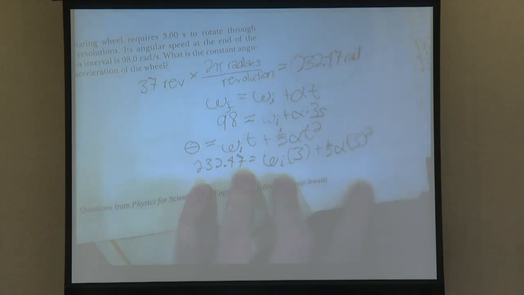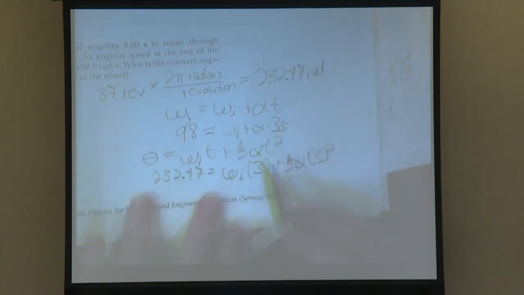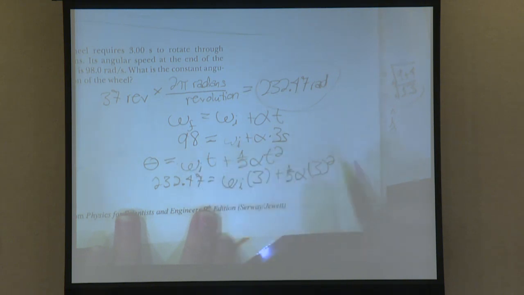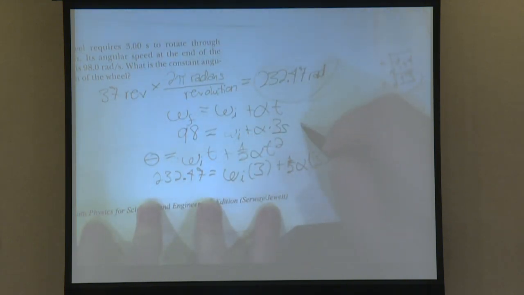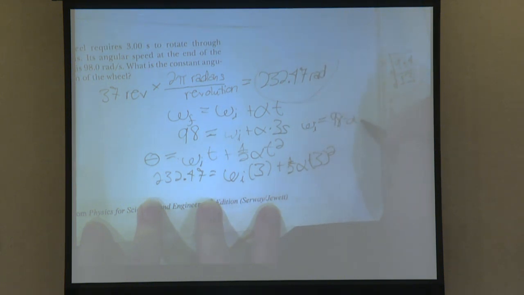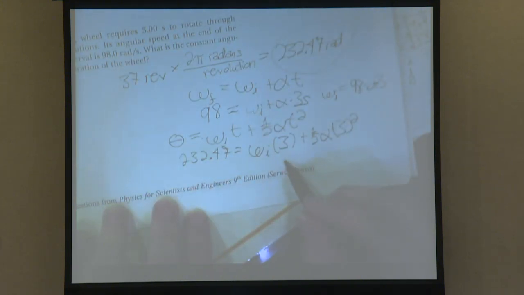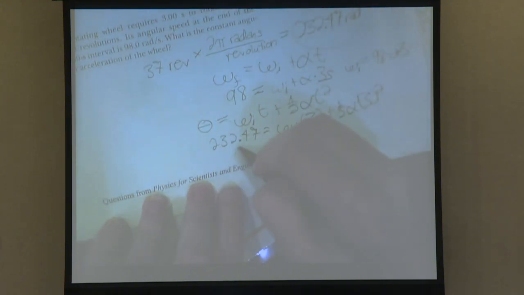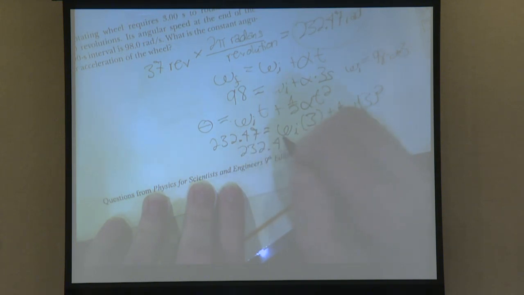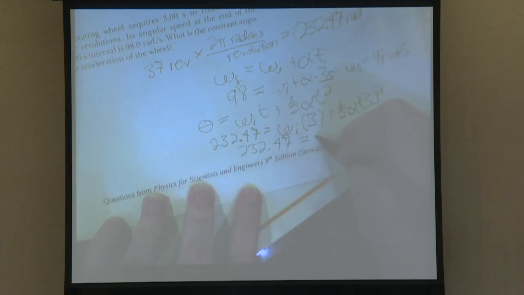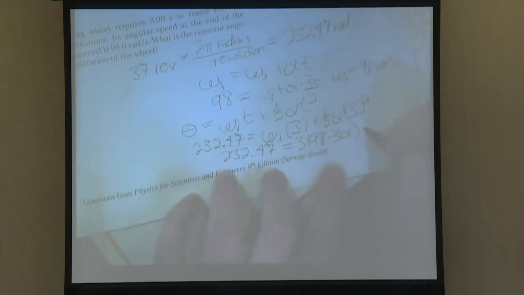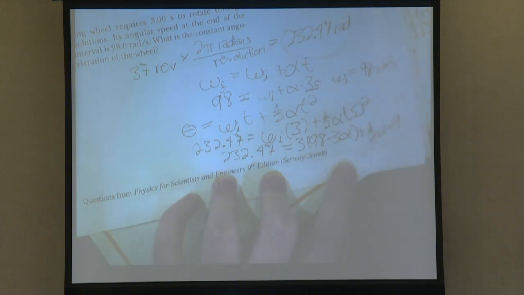Okay, so what I would do in this case is subtract the angular acceleration times 3 from both sides. So you have initial equals 98 minus angular acceleration times 3. And then you can just plug it in over here. Okay, so you have 232.47 is equal to 3 times 98 minus 3 alpha plus 1/2 alpha times 9.